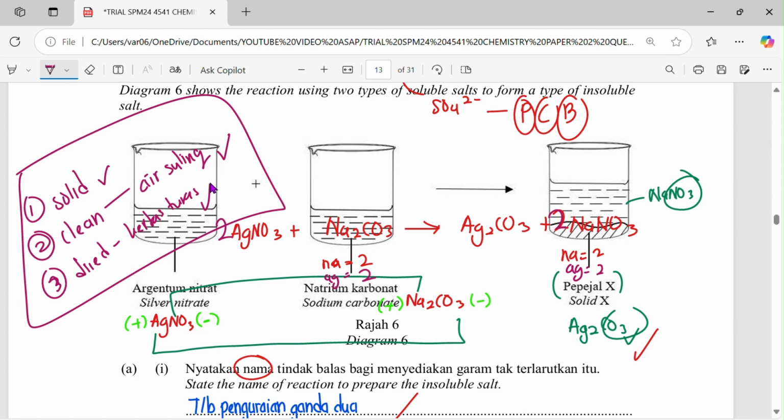To make it clean, you use air suling. To make it dried, you use kertas turas. To get that solid, you can turaskan with kertas turas as well.